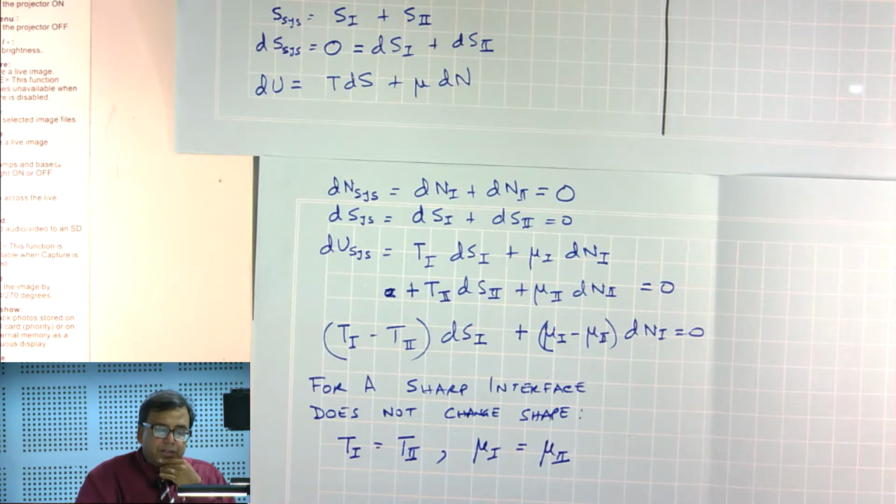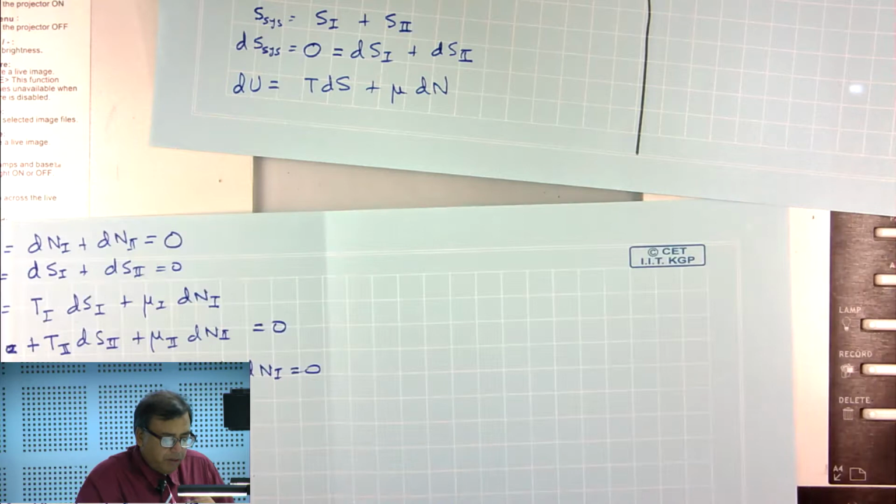Okay, that's the simplest case that we have considered. Are you all with me here? Okay. Now, let us look at a system where the shape is not sharp.